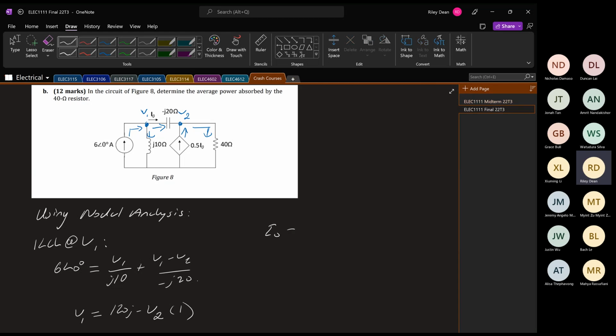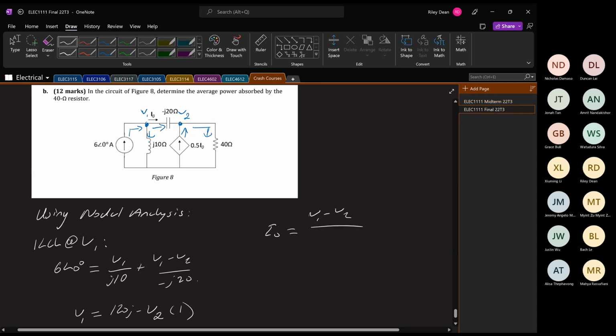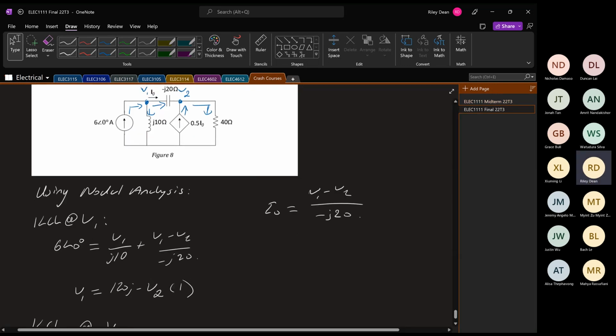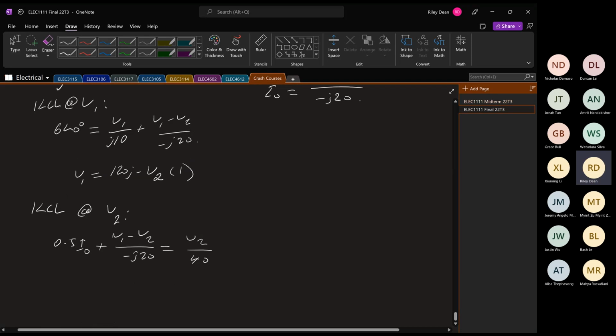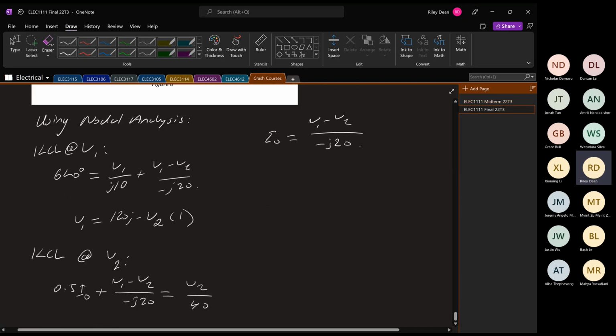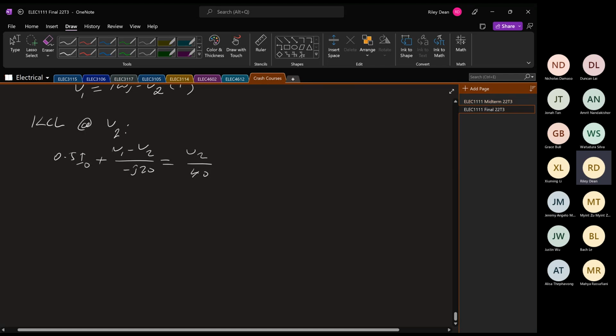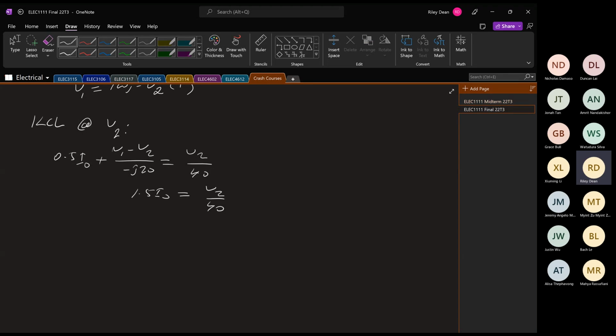As such, I naught is equal to V1 minus V2 over negative j20. So we can pass that down here, and we get 1.5 I naught is V2 on 40. That is very handy for us.